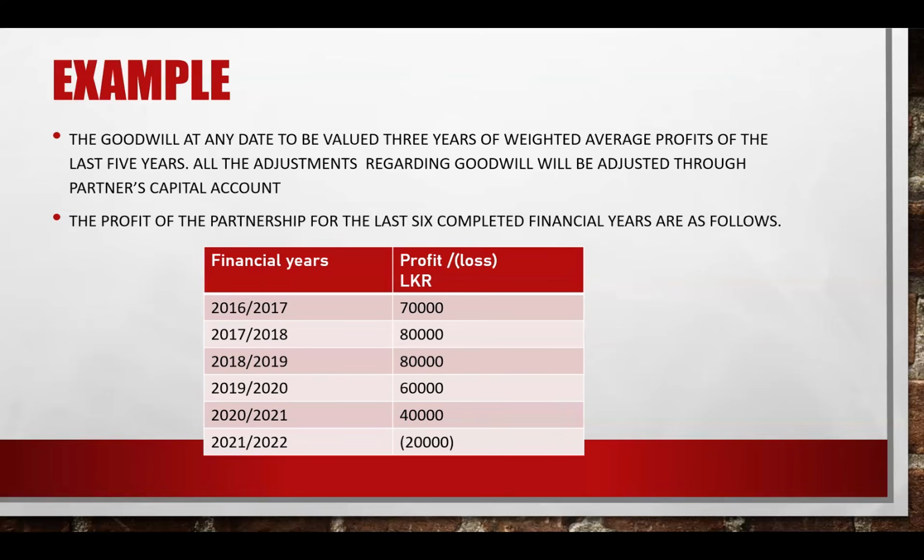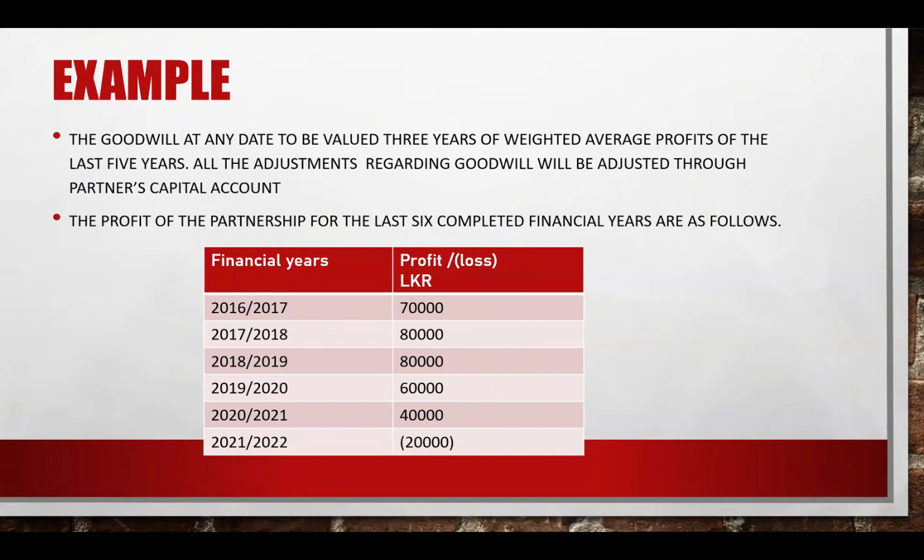Point 1 says that the goodwill will be valued at 3 years of weighted average profit of the last 5 financial years. Here, the value of the goodwill may change.